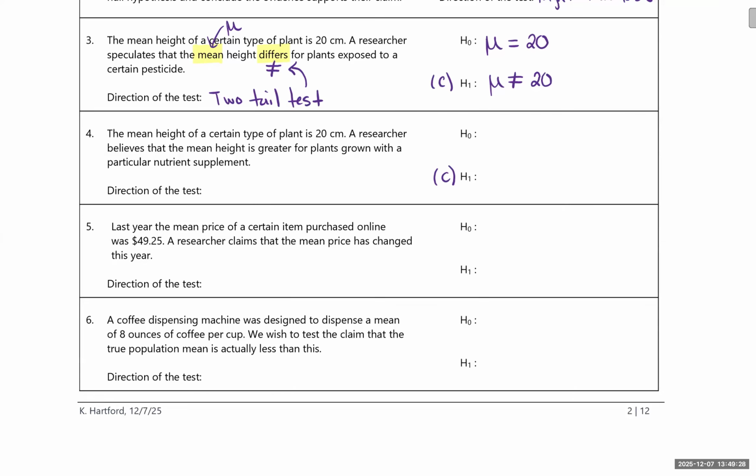All right, so the claim is that the mean mu is greater than 20 centimeters. The null hypothesis always gets equal. And if it's a greater, then that makes it a right tail test.